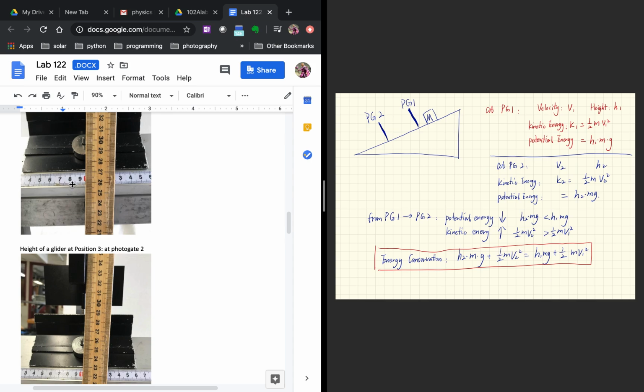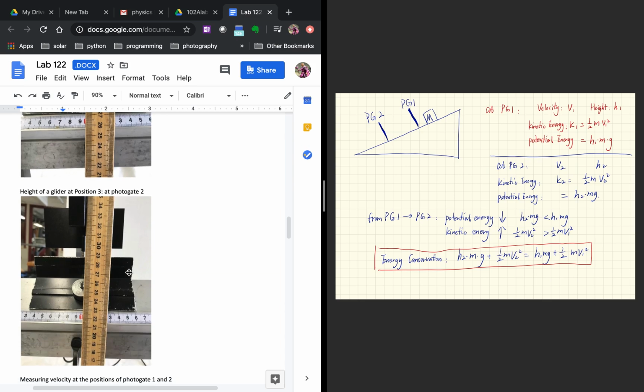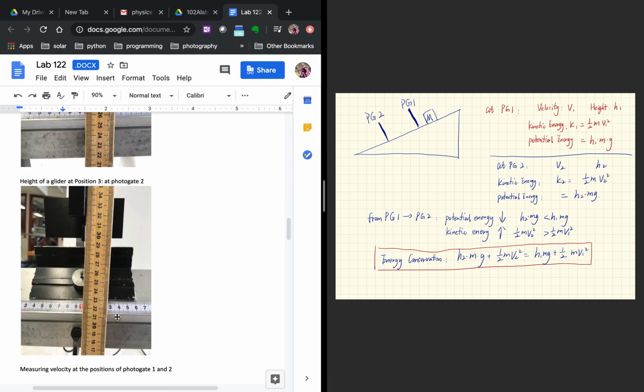For example, this one is somewhere between 26 and 25. You can use this line as the reference line. So somewhere between 26 and 25. And H2 is somewhere between 22 and 21. So you can do your own readout, and that will be H2 and H1. Keep in mind, H2 is the smaller one and H1 is the larger one.